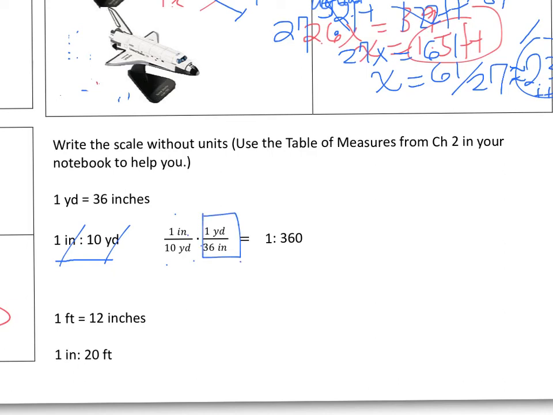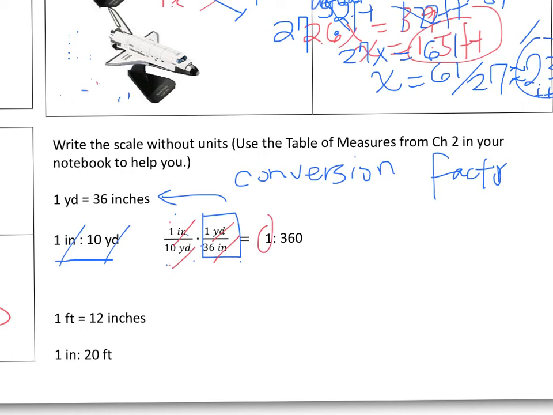This is the conversion factor. Therefore, I can cancel out yards with yards and inches with inches. And then I multiply 1 times 1 is 1. 10 times 36 is 360. So 1 to 360 would be my scale.